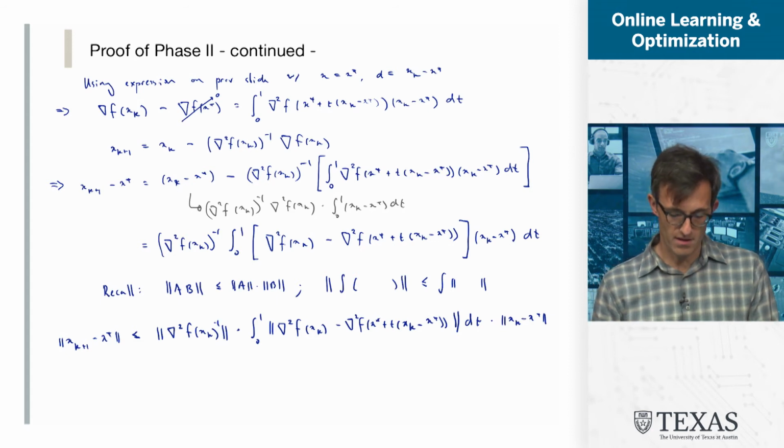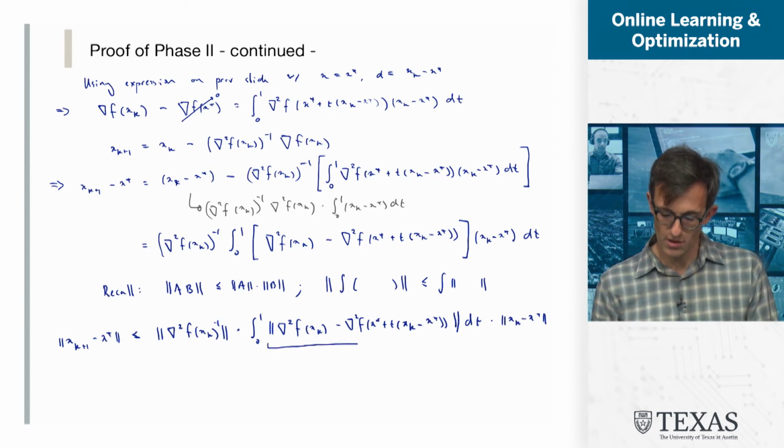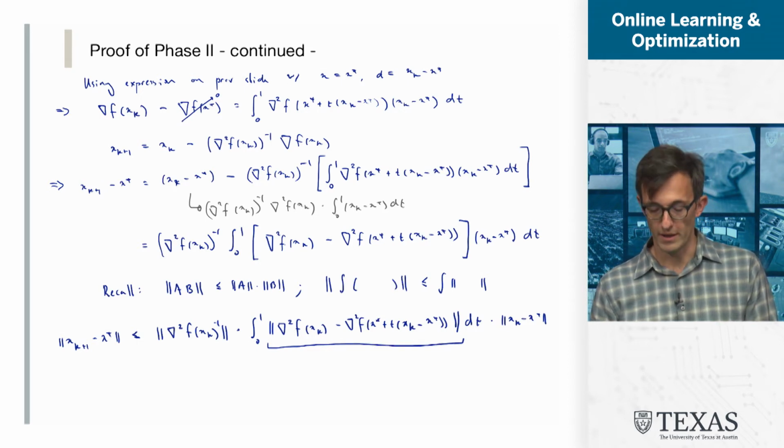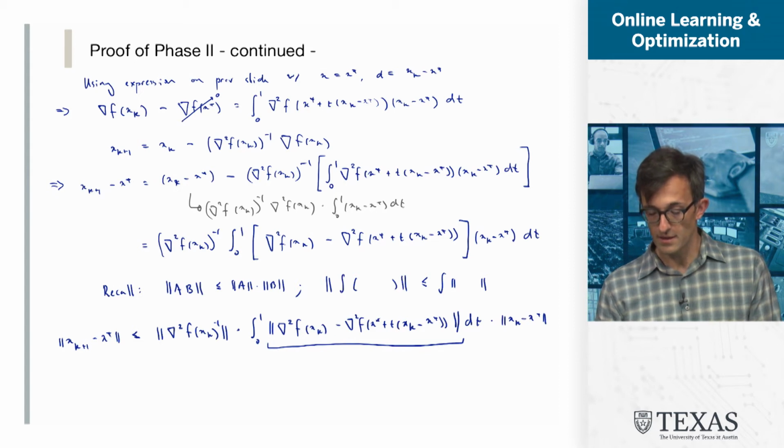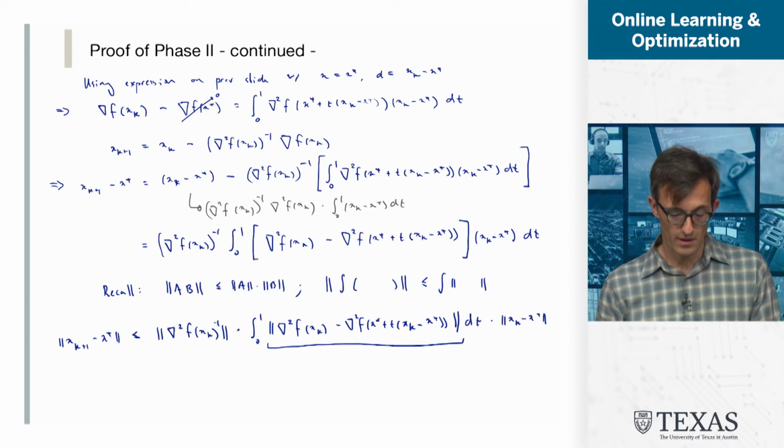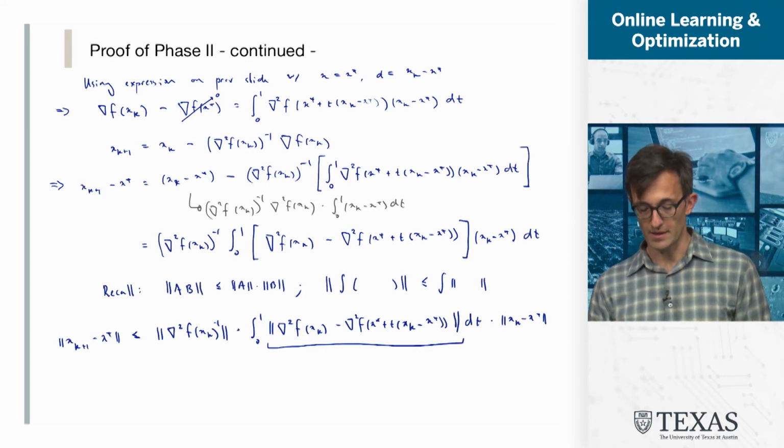Now, finally, we're in place to use our Lipschitz assumption, because here I have exactly what we need. It's the norm of a Hessian evaluated at xk minus the Hessian evaluated at x star plus t times xk minus x star. Therefore, this term is upper bounded by L times the difference of what's inside.